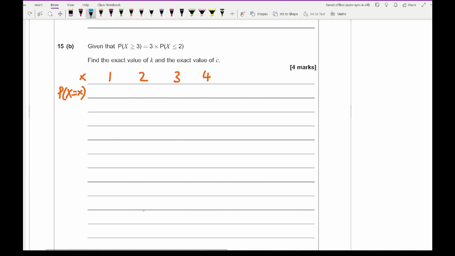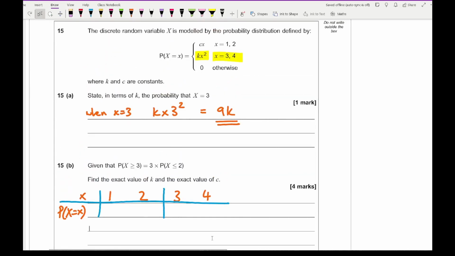So the probability of getting a 1 is when x is 1, so that's going to be 1c. Probability of getting 2 is going to be 2c. 3 I've already worked out as being 9k, and 4 squared, which is 16, so that's going to be 16k.